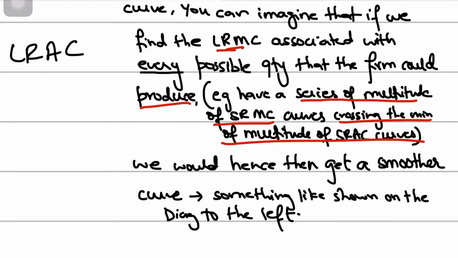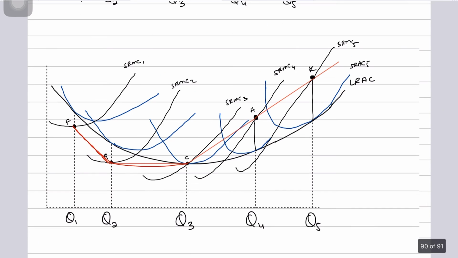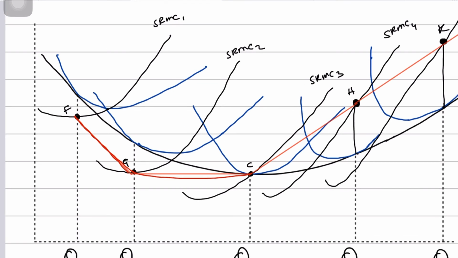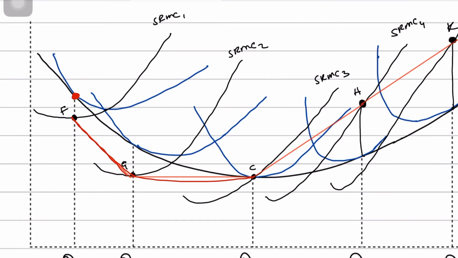And if we connect all those dots, with the series of average cost curves and the series of marginal cost curves cutting them at their minimum points, then at every plant curve, imagining a series of plant curves, there would be a point that is tangent to the long run average cost curve, which would be the optimum quantity being produced at the tangential part.